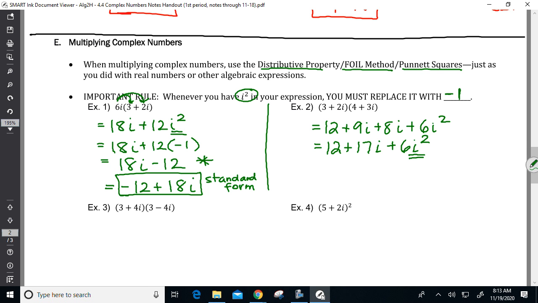Again, i squared is equal to -1. 12 plus 17i, and 6 times -1 will give you -6. Combine your like terms. You end up with 6 plus 17i.